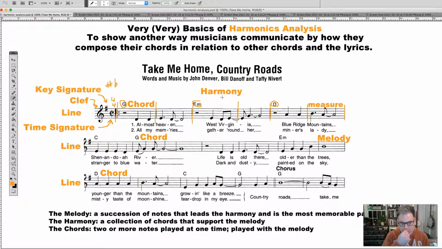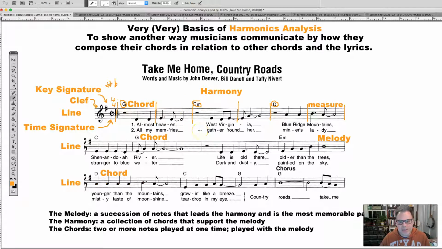And when we're doing that, we are trying to understand this movement from one chord to the next, from G to E minor to D to C to G, or whatever the chords are in the song. And we call that movement from one chord to the next a cadence. We're going to talk about that in a little bit.